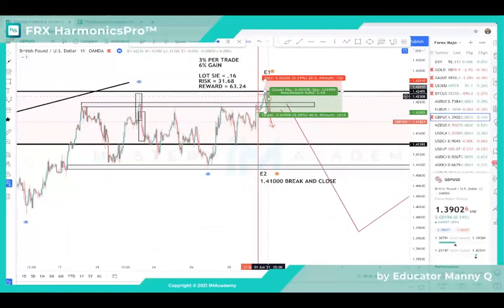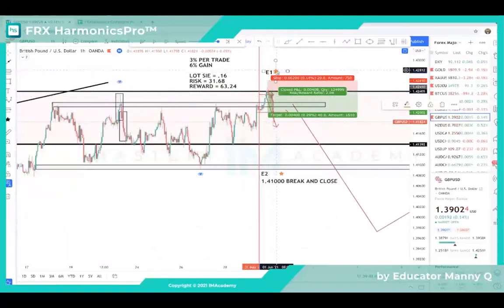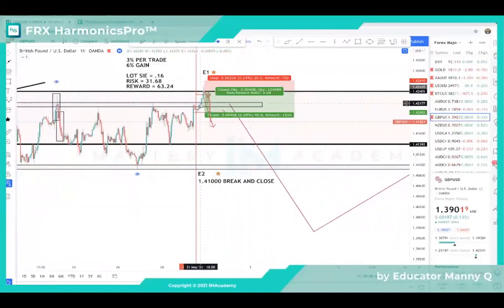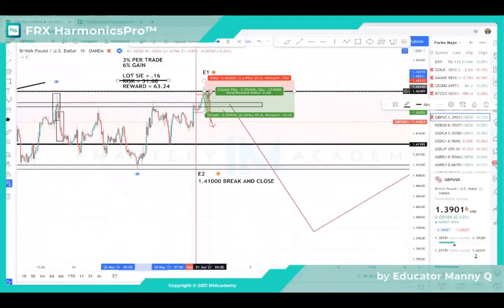Now again, remember, with proper risk to reward, I want you guys to think about this. You jumped in the first trade, you just lost $32. Okay, you entered this second trade with the same exact risk, and now you made $63. So you won one trade, you lost one trade, but guess what the magic is?